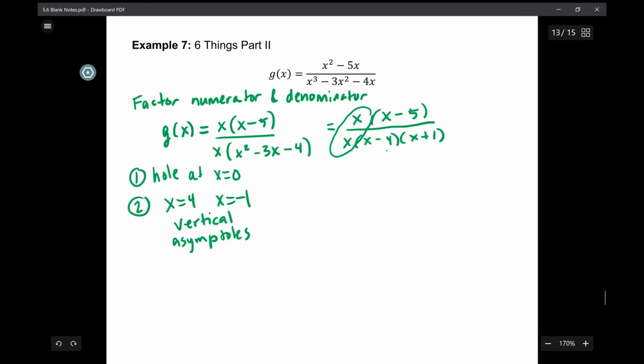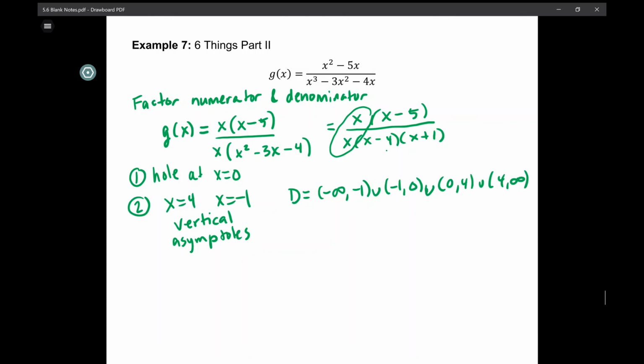My domain is minus infinity to negative 1, union negative 1 to 0, union 0 to 4, union 4 to infinity. All real numbers except 4, negative 1, and 0.